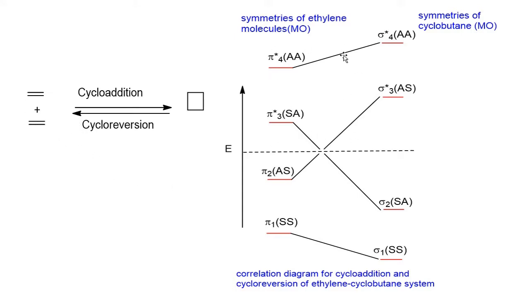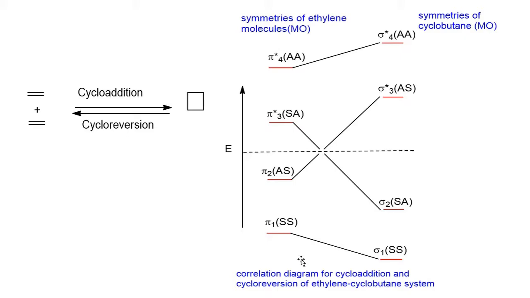It is the correlation diagram where the molecular orbitals with respect to the horizontal plane of symmetry and vertical plane of symmetry of 4 pi molecular orbitals in two ethylene molecules and 4 sigma molecular orbitals in cyclobutane are represented, and symmetry properties with like symmetry are joined by lines.